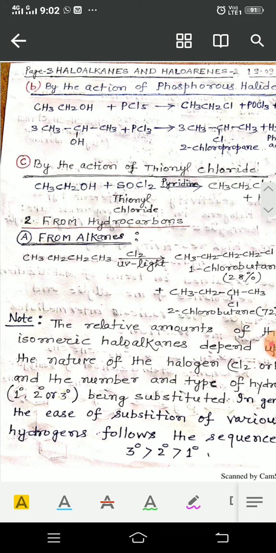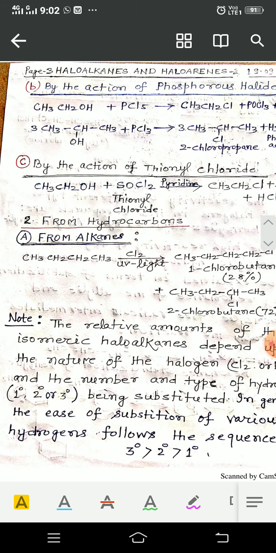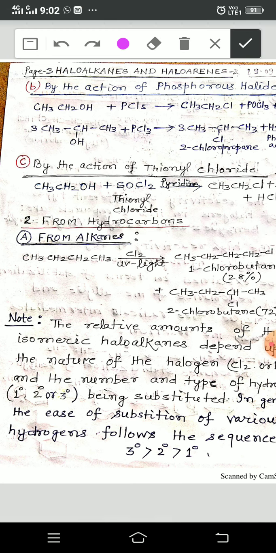Now on the third page, by the action of phosphorus halide on alcohol, simply in place of OH, Cl gets its position.